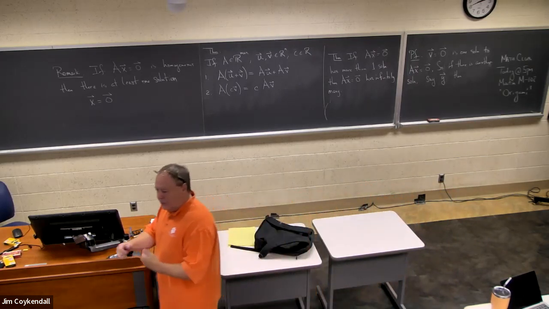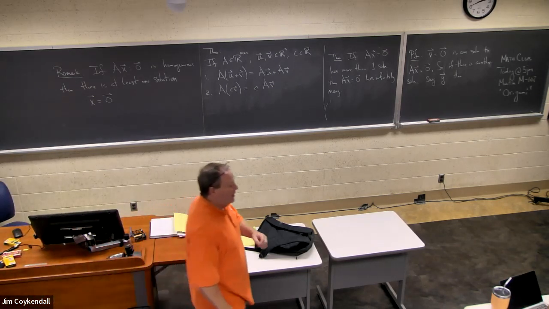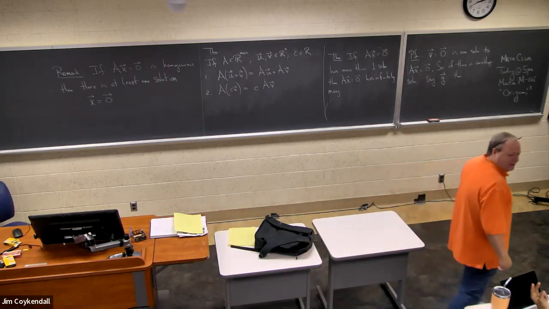I know that the zero vector is a solution. So if there's another solution, what can I say about it? Well, that's right, but that's what we want to show. We don't know that. Actually, I'm looking for something really kind of dumb. Let's say two dimensions.